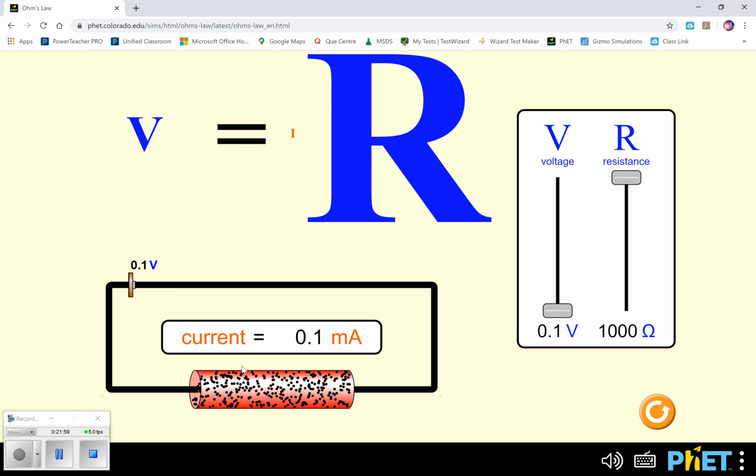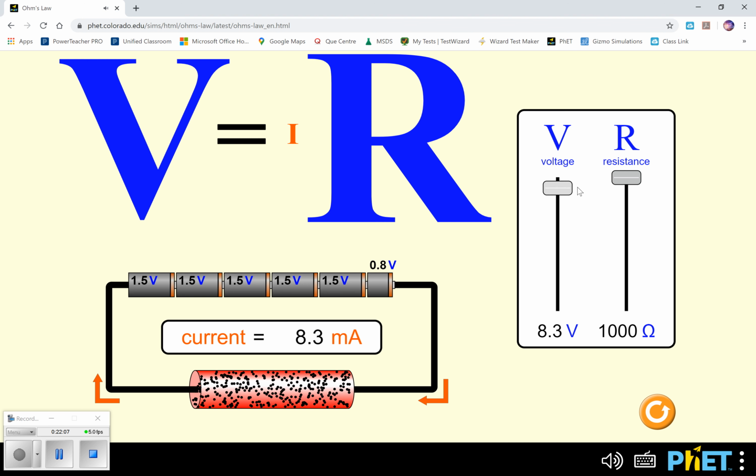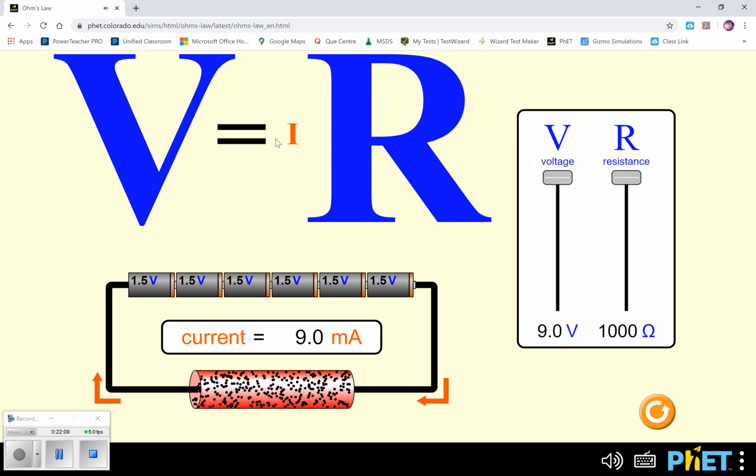If we wanted more current to flow through here, whether that's water or charge, we could change the potential, which is going to give us more flow here. Current went up relatively significantly. So this is kind of like a dam being built on a very steep portion of a river. You're going to have a change in potential.